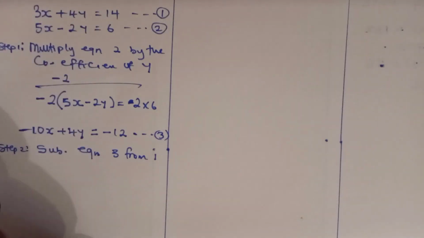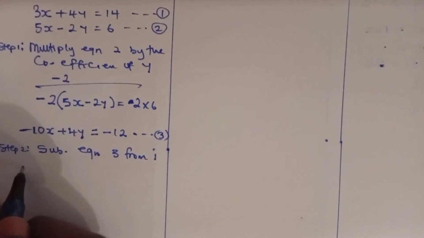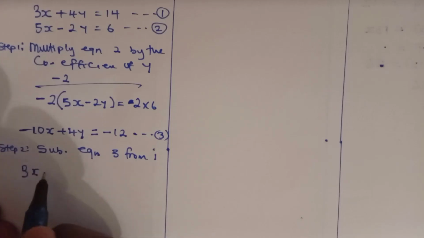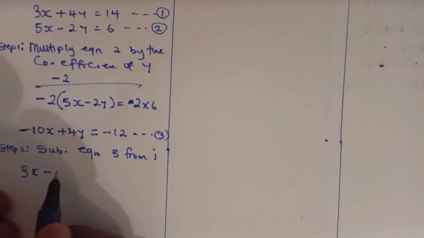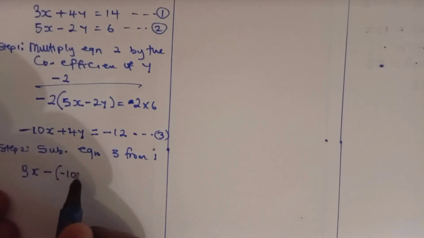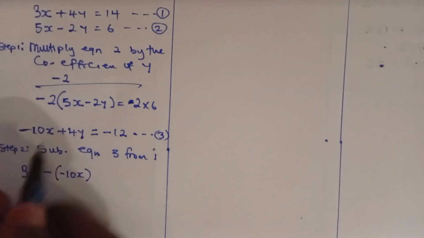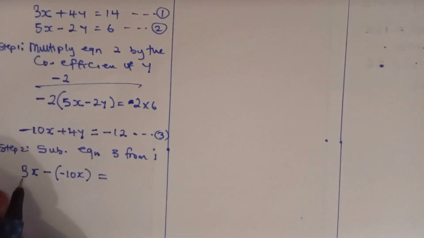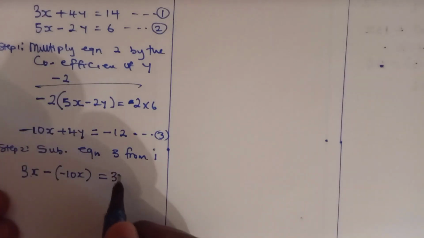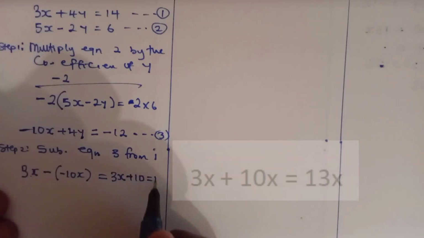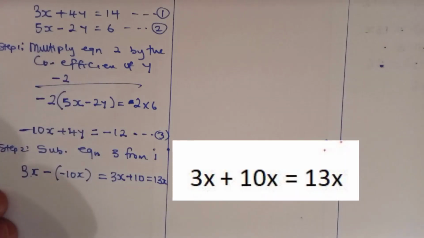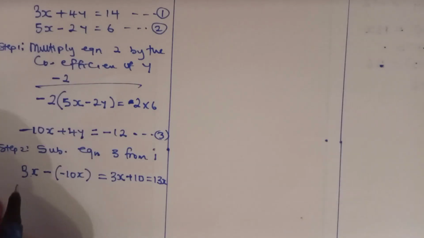So let's subtract term by term. We have 3x, subtract the corresponding variable. We have minus 10x, right? So this is going to give us 3x minus minus 10x, so we have 3x plus 10x. This is going to give us 13x.